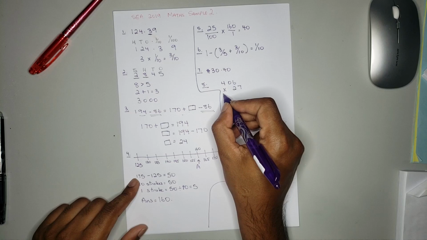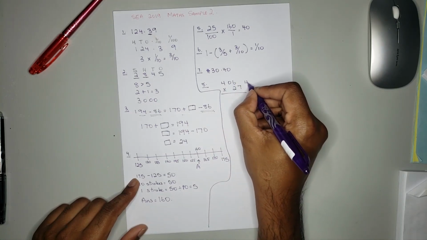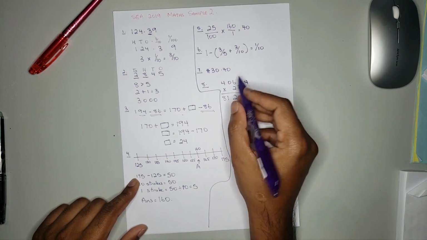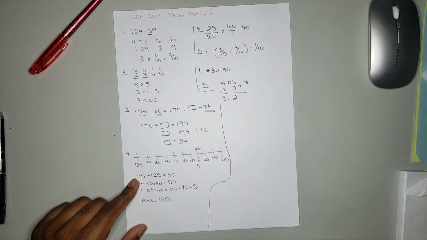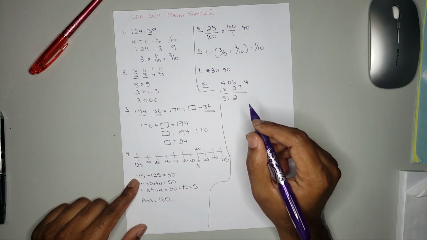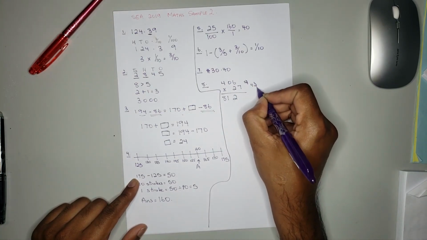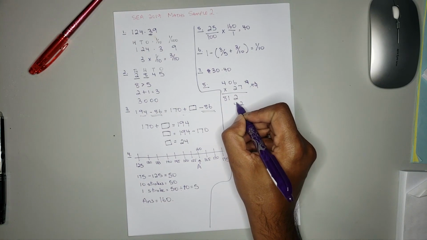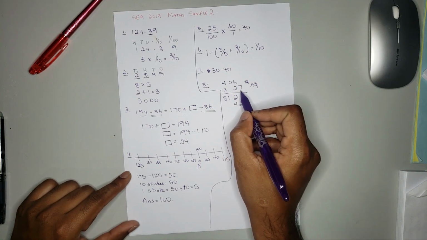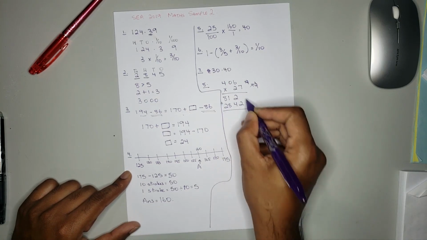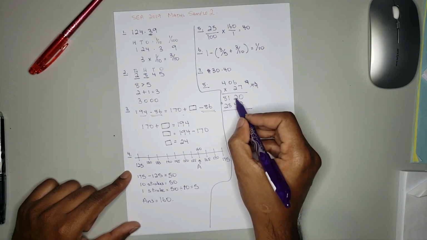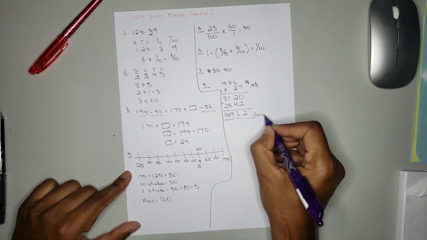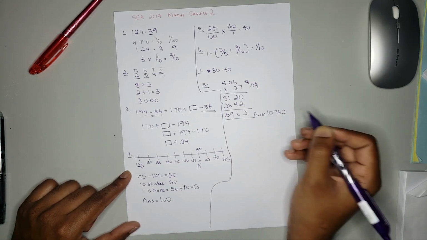Well, everybody should know how to multiply, so the answer you'll get is: 6 multiplied by 7 is 42, put the 2 here. 0 multiplied by 7 is 0, add 4 is 4. 4 multiplied by 7 is 28. Then line up under the 2, and multiply by 2 in the same way. Add them up and the answer is 10,962.